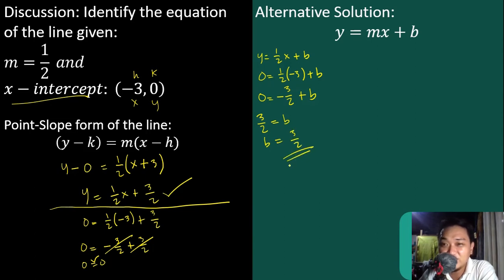Now that we have a value for the b, or the y-intercept, we can now show the linear equation. The linear equation will be y is equivalent to our slope, which is 1/2 x plus 3/2. Ayan. So, pareho lang po.